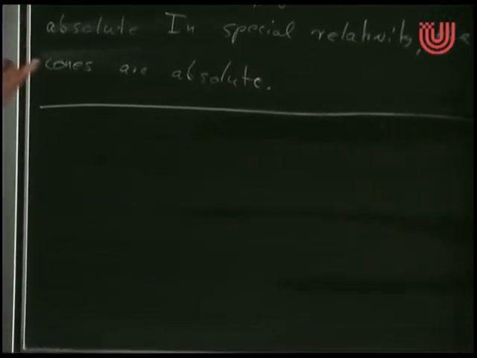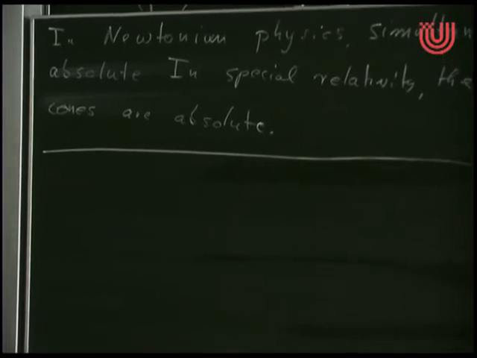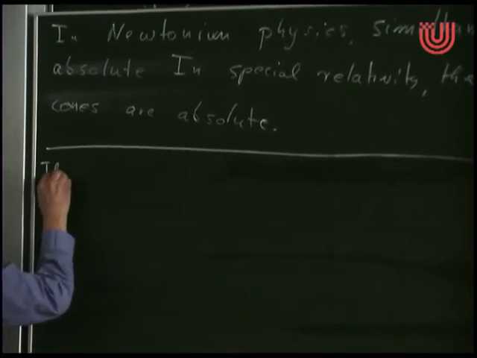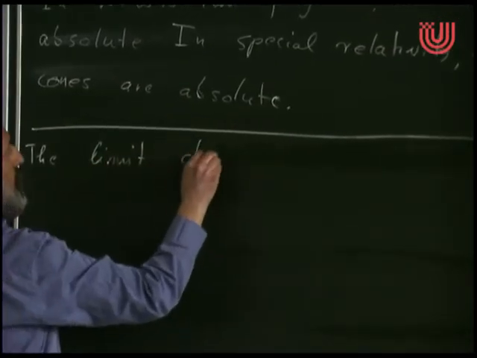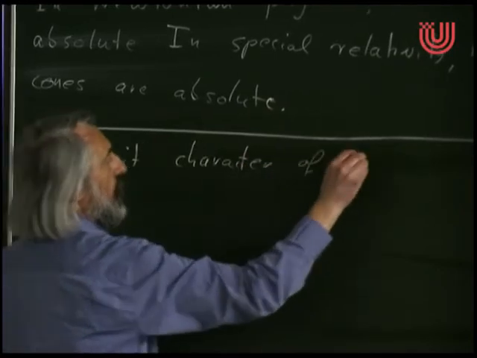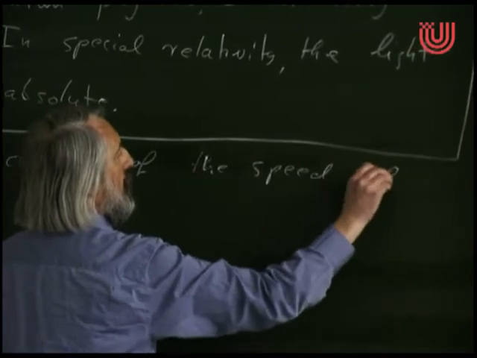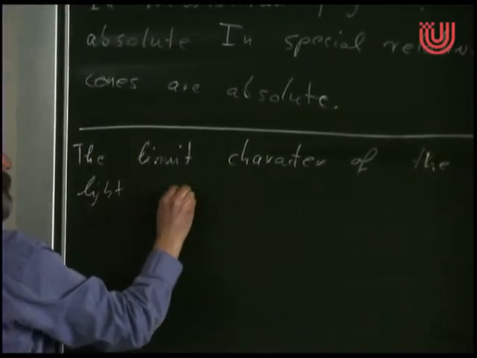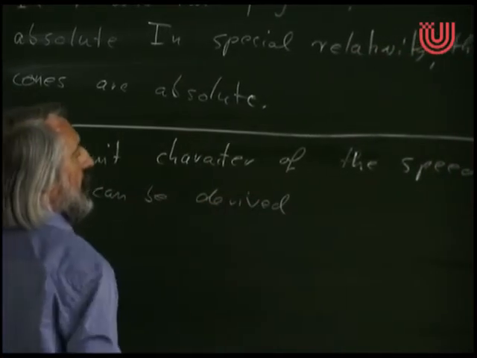Actually, it's a consequence of this construction, this relativity of simultaneity. So the limit character of the speed of light can be derived in the following way.